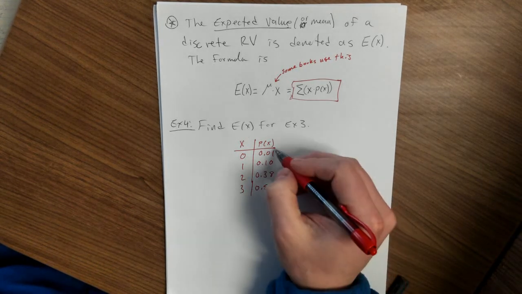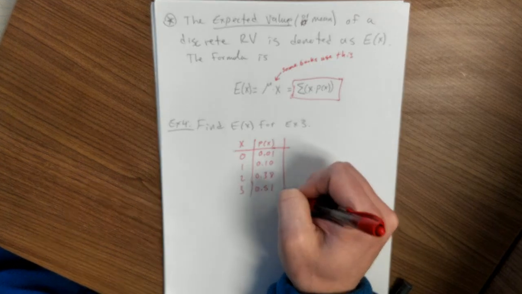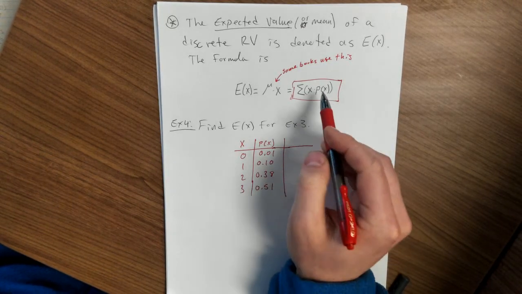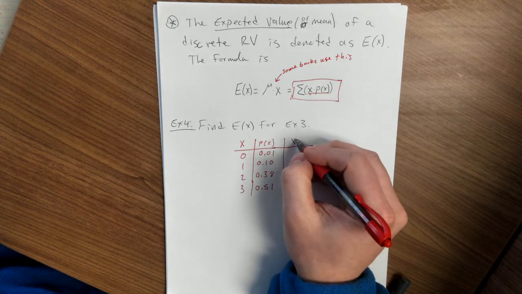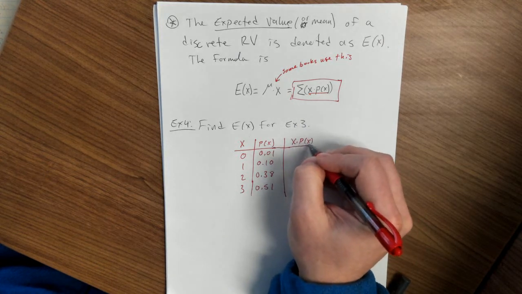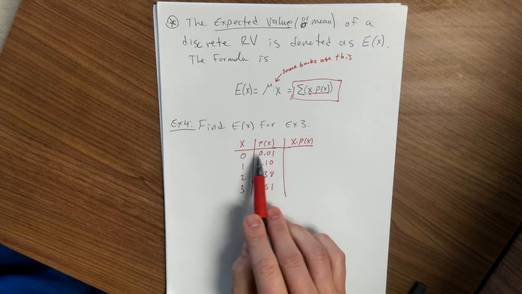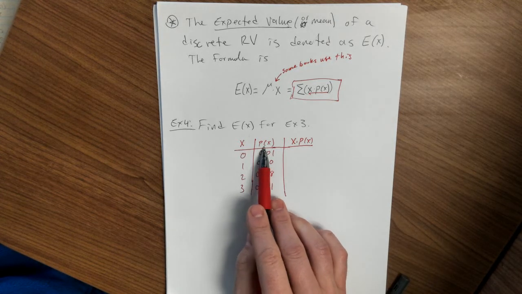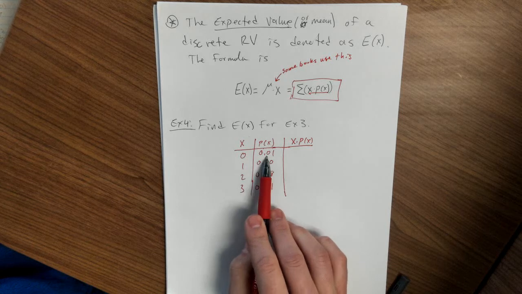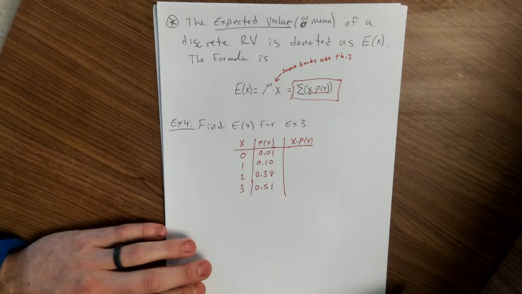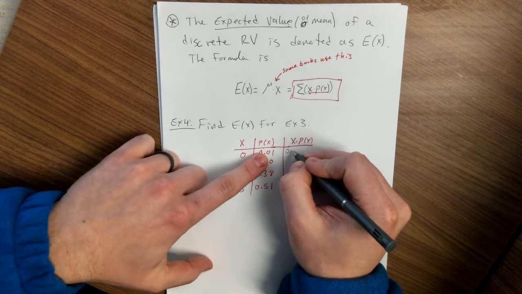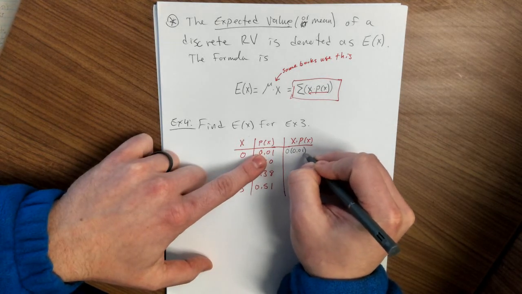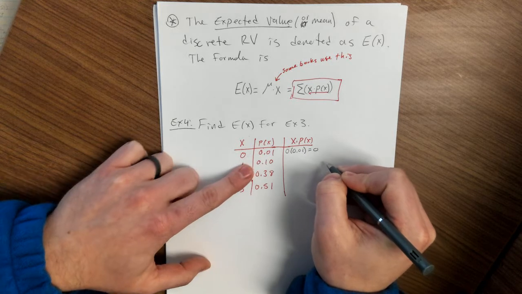So now what we want to do is add on another column. And this one is going to be what's inside of the parentheses right here, x times p of x, which is just these two multiplied together. So we'll get 0 times 0.01, which is 0.